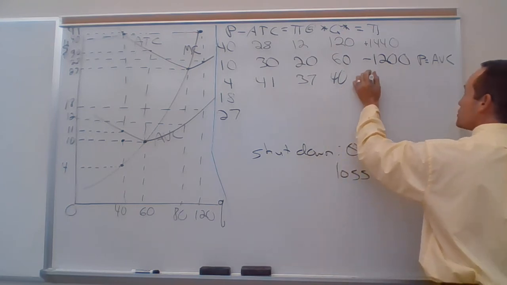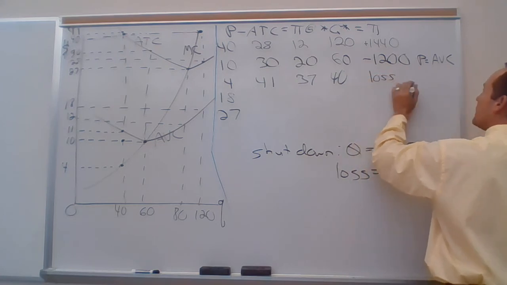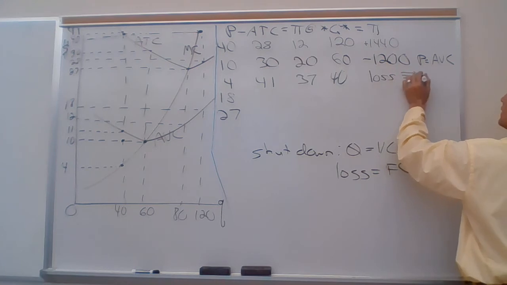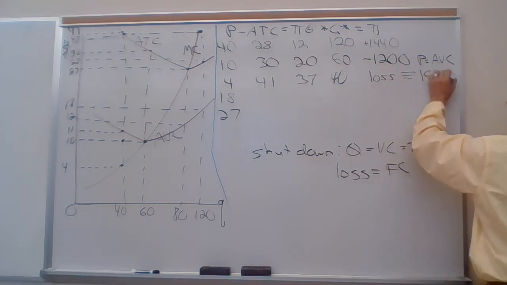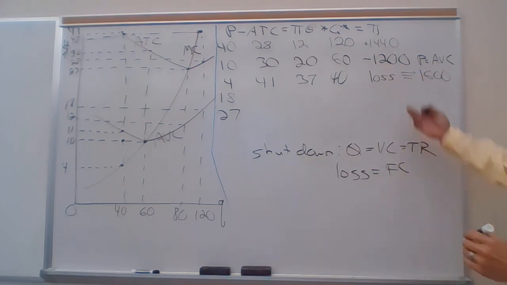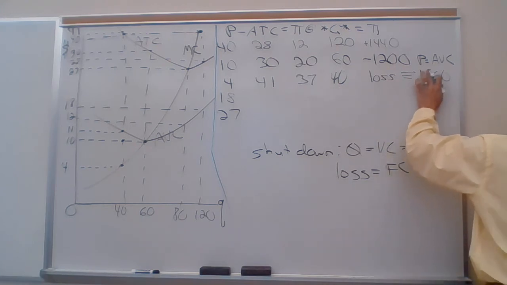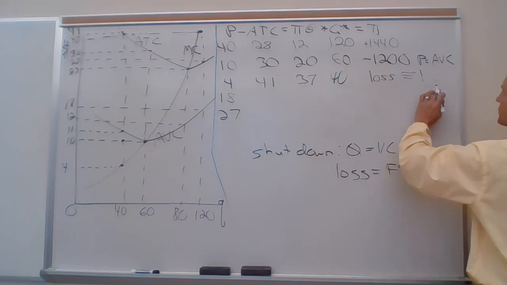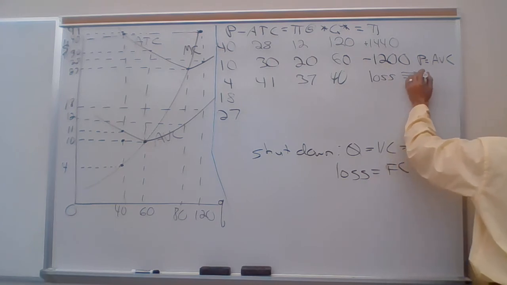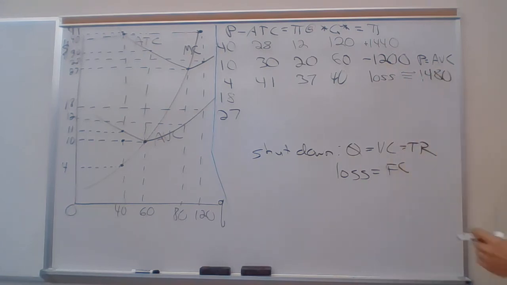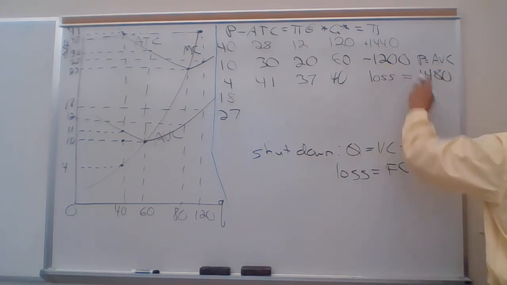So my loss here is going to be in the neighborhood of $1,600, right? I'm going to lose almost $1,600. I'm going to lose technically $1,600 minus 120. So I'm going to lose, pardon me, $1,480. So I'm going to have a loss that's going to equal $1,480.